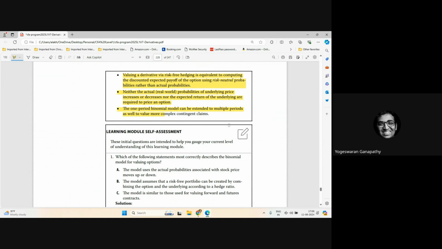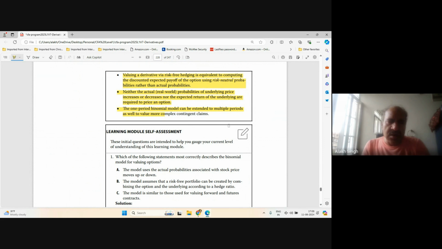Sir, can you explain that statement? Neither the actual probabilities of underlying price increases or decreases, nor the expected return are required to price an option. Yes. When we are pricing an option like a call or put option, these actual probabilities are useless. We calculate the risk-neutral probability and we use only those probabilities.